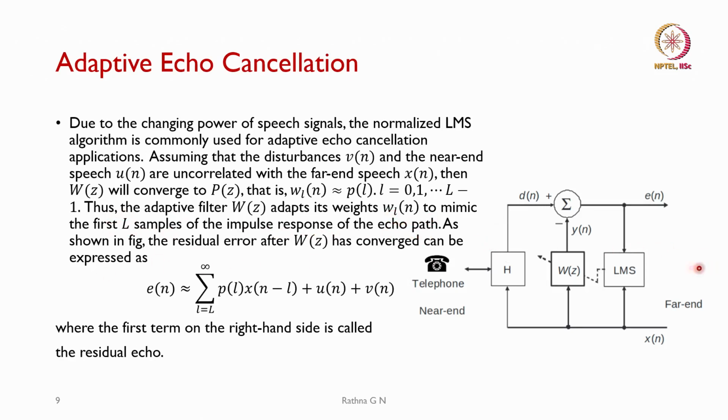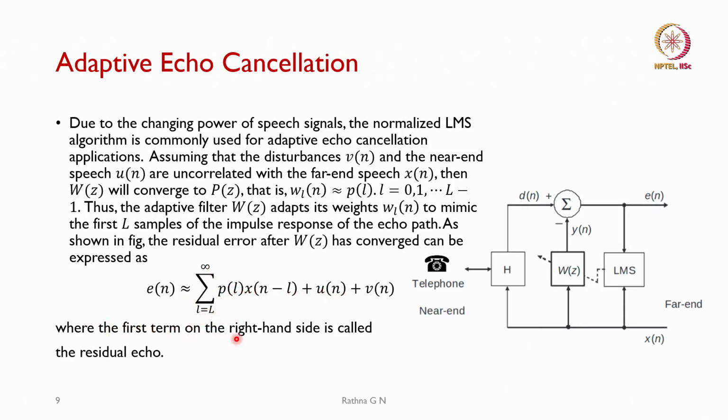As shown in the figure, this is our hybrid, and this W(z) is getting adapted. The residual after W(z) has converged can be expressed as e(n), approximated as the summation over l equal to L to infinity of p_l times x(n minus l), plus u(n) plus v(n).